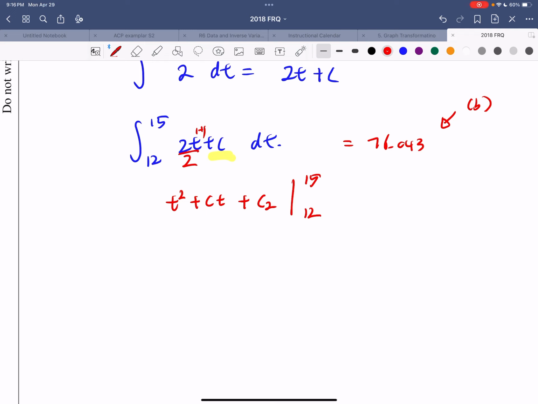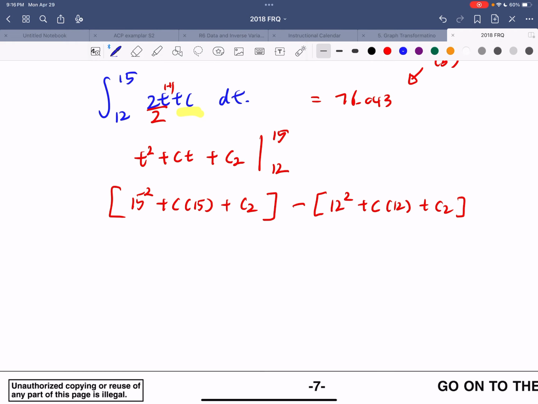So this one is very simple. I'm going to put 15 squared plus c times 15 plus c2, minus 12 squared plus c times 12 plus c2.